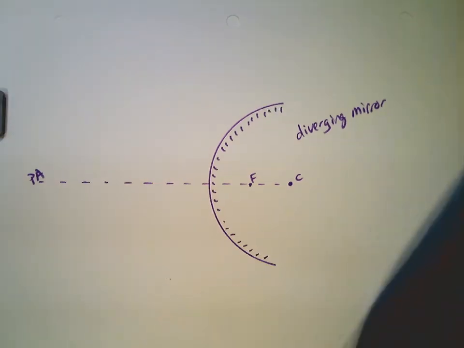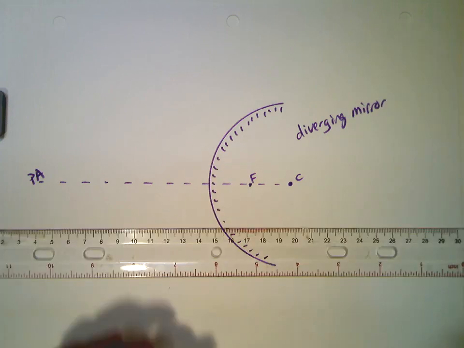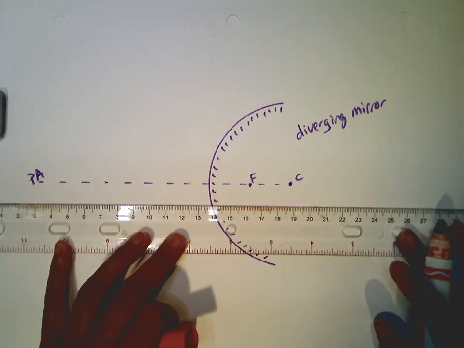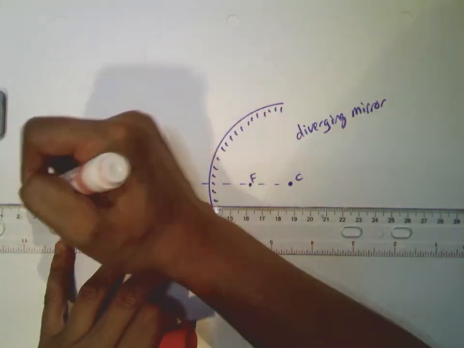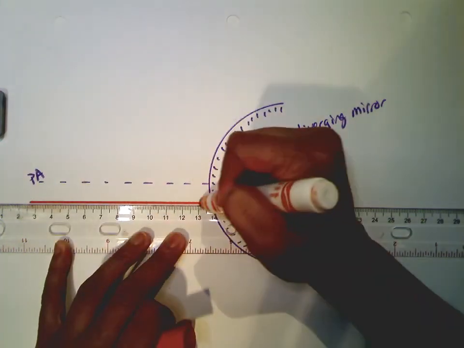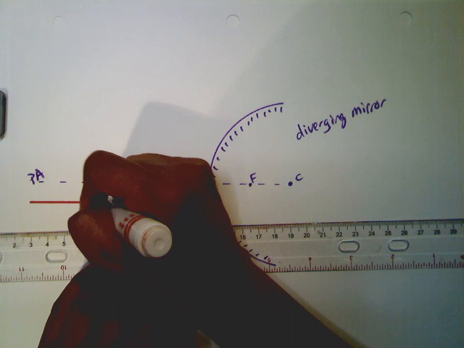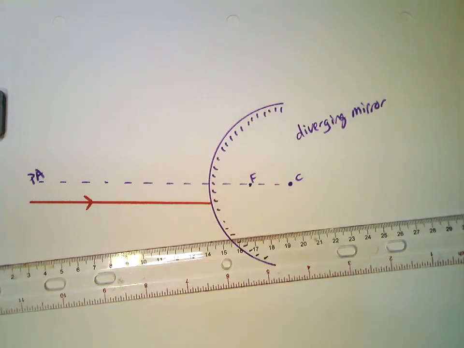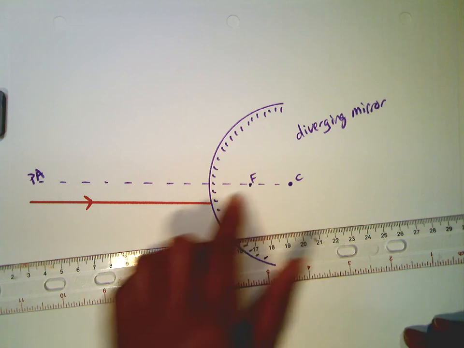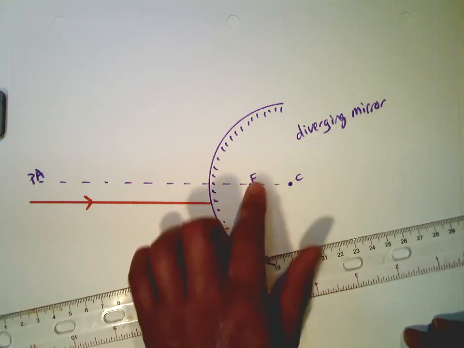All right, let's try this. We're going to have a light coming in from the outside, the other side, and the light's going to be parallel to the PA. In this case, because the focus is behind the mirror, it's actually going to reflect the light. It's going to bounce off before it can get there.